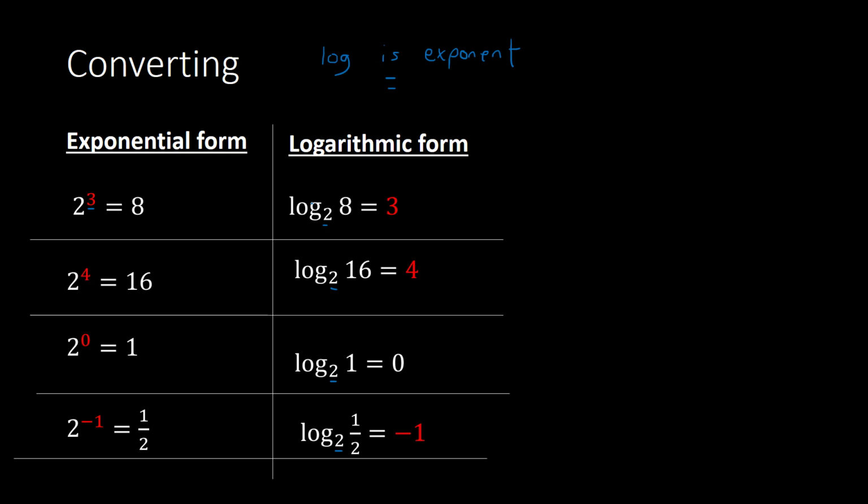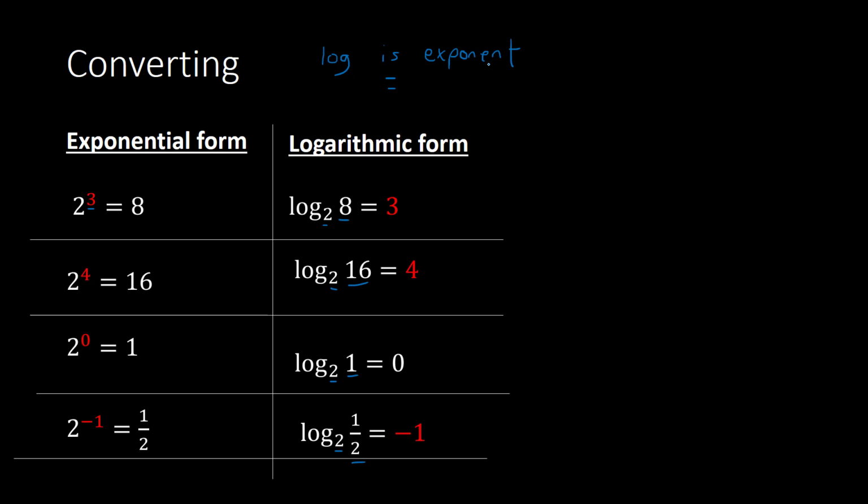And then the only other number left over, in this case the 8, the 16, the 1, the 1/2, is going to be the other number that you write right here. 8, 16, 1, and 1/2. So it's all about pattern recognition, and the pattern is based off the definition that a logarithm is an exponent.